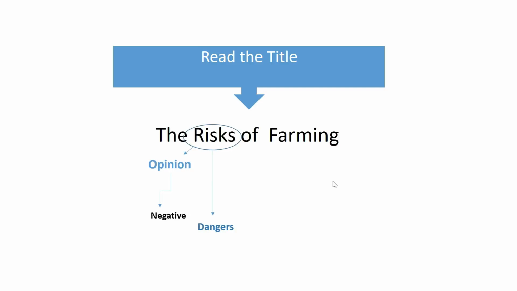And it brings us to realize that it has to do with some dangers, some dangerous things related to farming. And of course, when we look at the word farming in the title, we think about fields, animals, and it's outdoors. So now we have a general idea of what the article is going to be about.